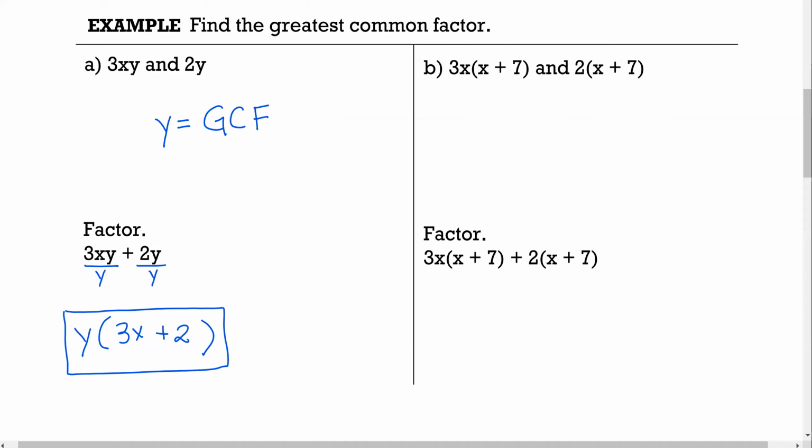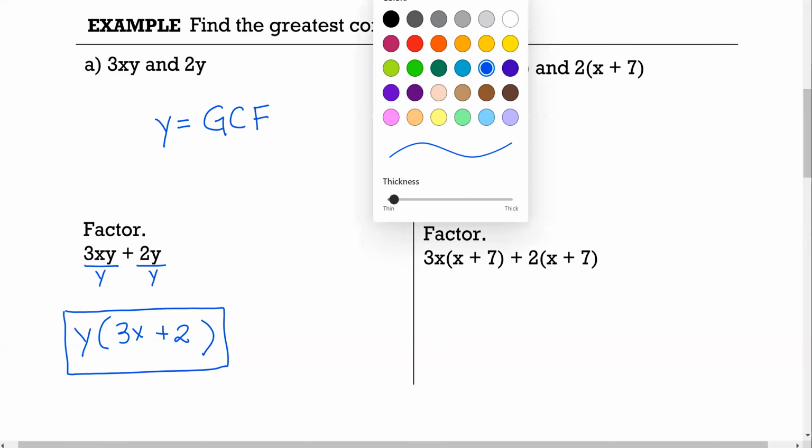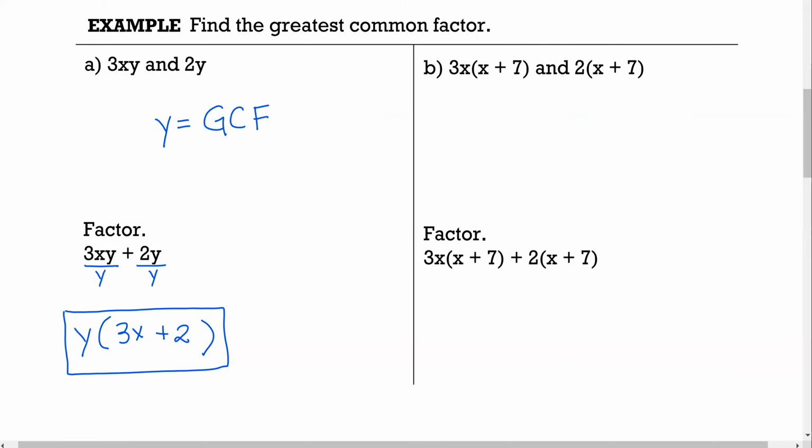Now compare what I just did on the left to what we have here on the right. A similar example, but instead of 3xy, we have 3x and then a factor x plus 7. And the next one, we have 2 multiplied to a factor of x plus 7. So we can see that our common factor is the x plus 7.